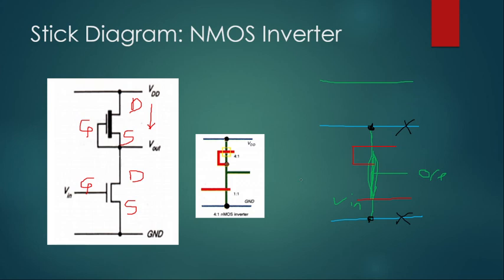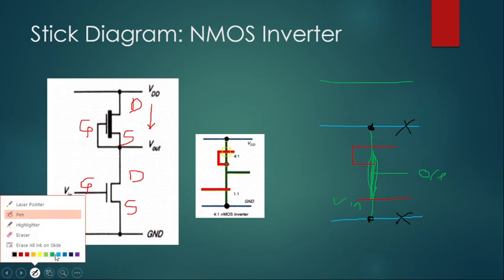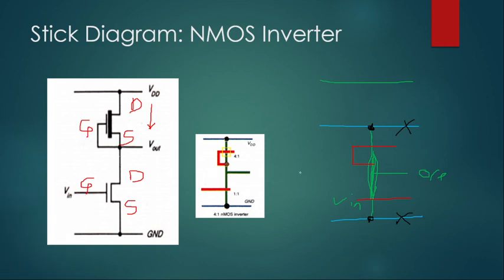And this is your stick diagram. If you want to extend it to the layout, how to make the layout is the same thing as I have shown a few minutes back. Now you have the stick diagram, so for the layout you can just extend this line and make it blue color.